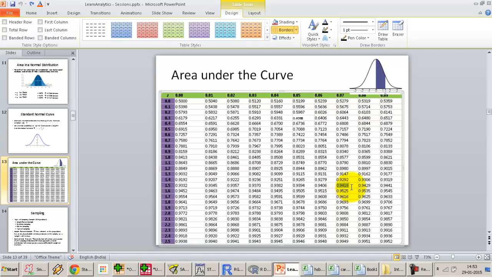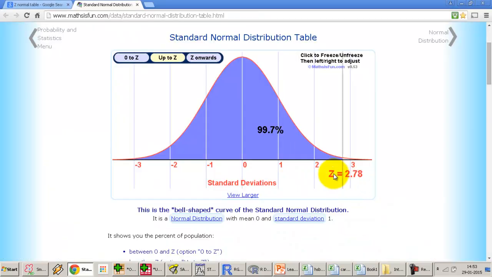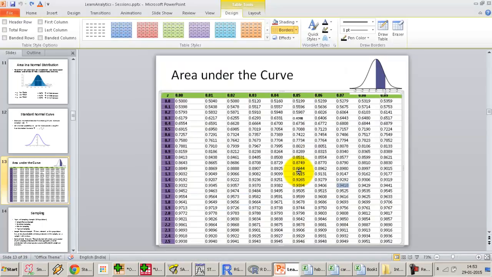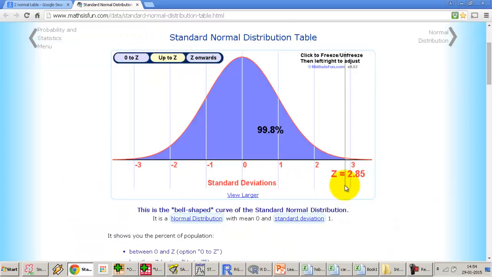So 94.18% of the area lies from minus infinity till mu plus 1.57 standard deviations. And if I plot it over here, 1.57, 94.2, and look at this over here, 94.18, which is rounded off to 94.2, right?